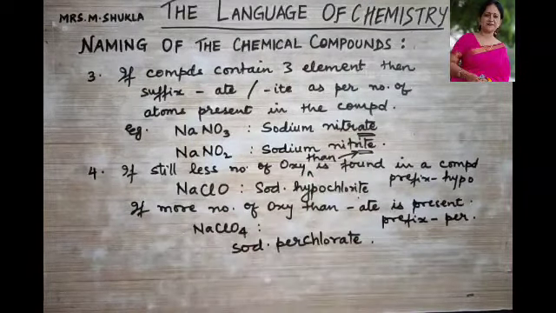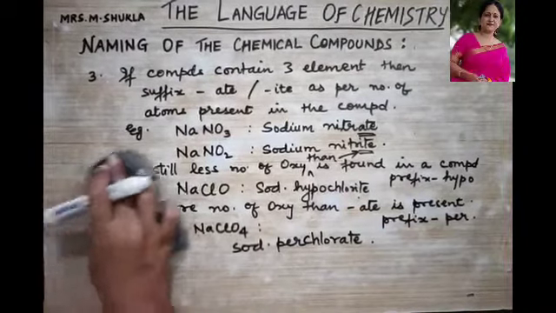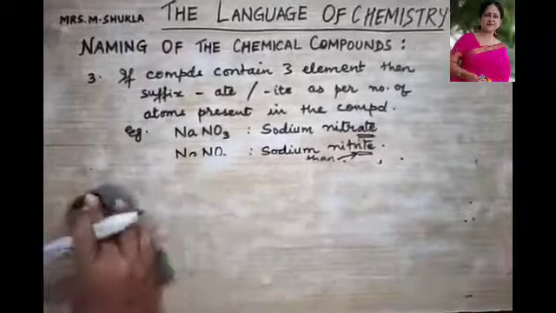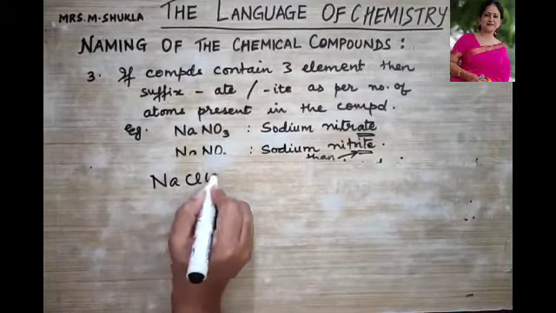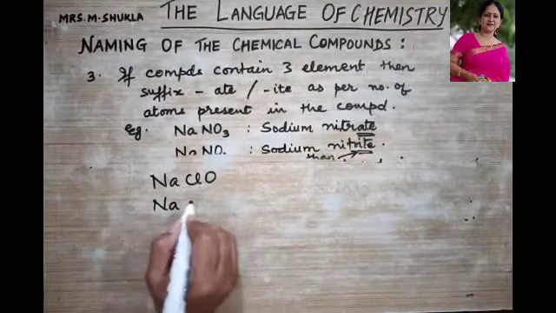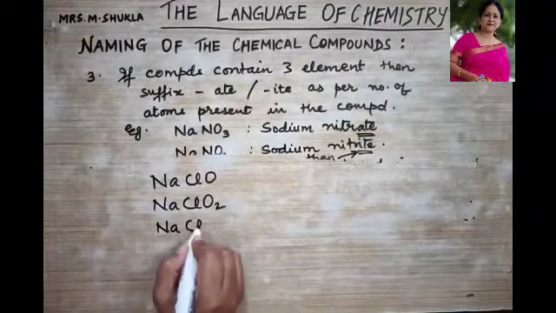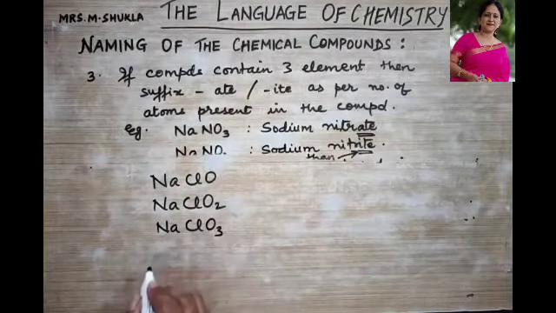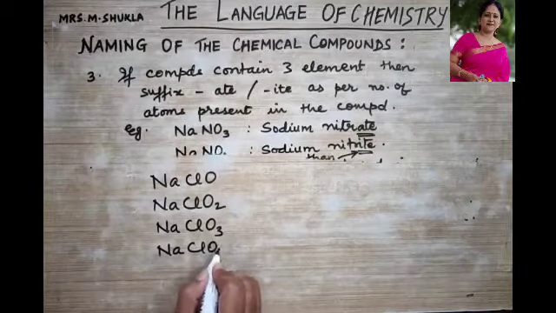Okay, I'm going to give you a very nice way of learning all. Take this example. Like NaClO, NaClO2, NaClO3, NaClO4.